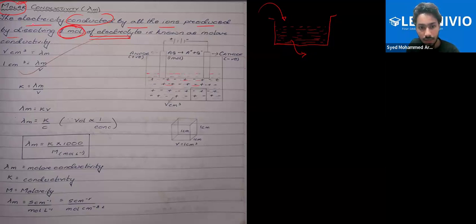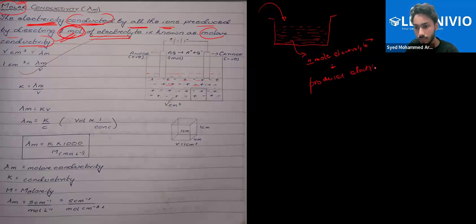The electricity conducted by all the ions produced on dissolving 1 mole of electrolyte is known as molar conductivity. So 1 mole of electrolyte that produces electricity is your molar conductivity.